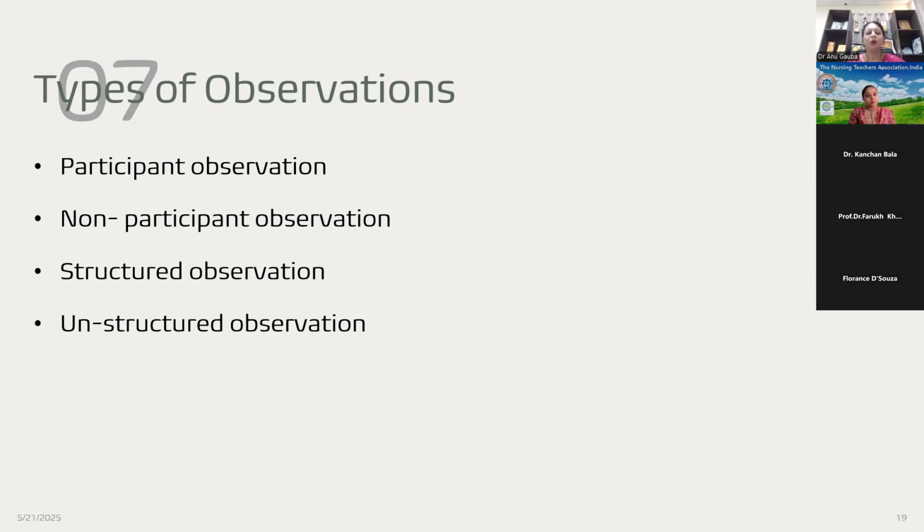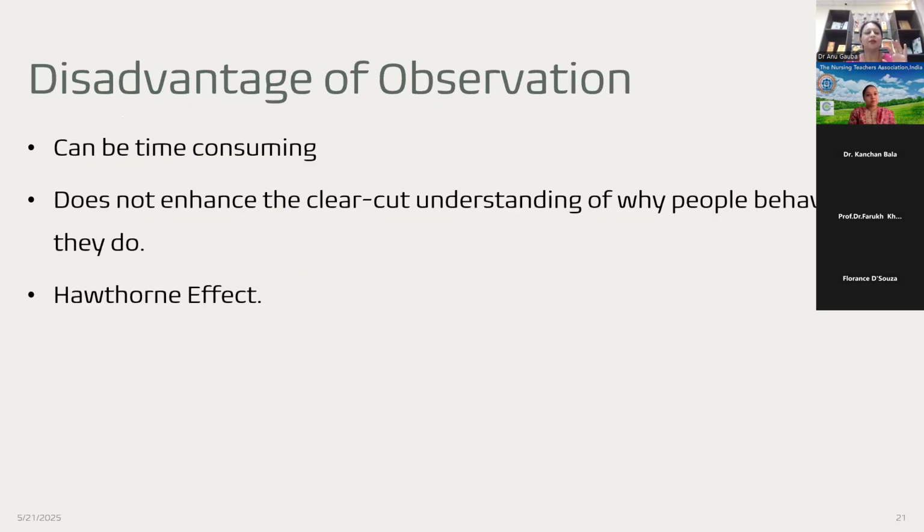Now, when we talk about unstructured observation, or we can say structured observation, the Hawthorne effect is very, very common. I can say that. What is the Hawthorne effect? I think everybody has observed that. You know why? Because when somebody is watching us, somehow we become conscious. Oh my God, madam is watching me. If I am doing something wrong, she will definitely scold me like anything, right? So that is the Hawthorne effect.